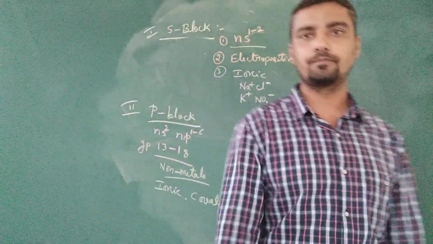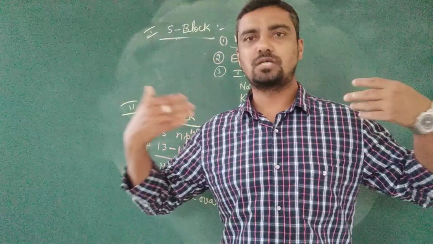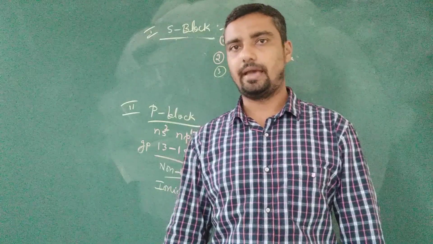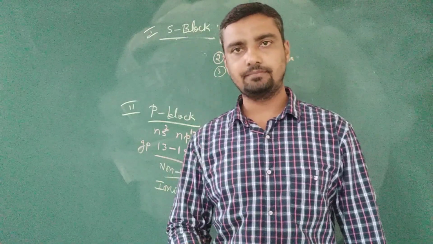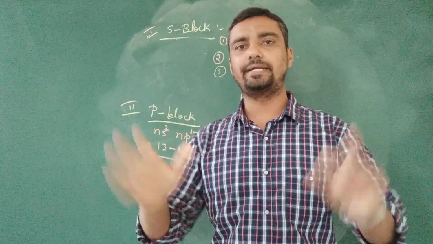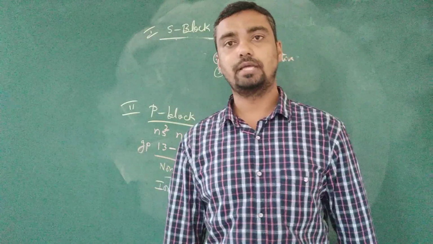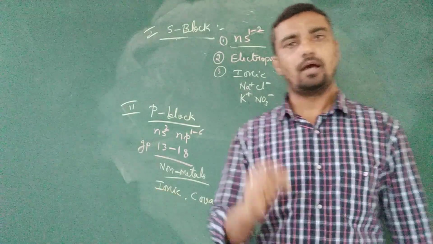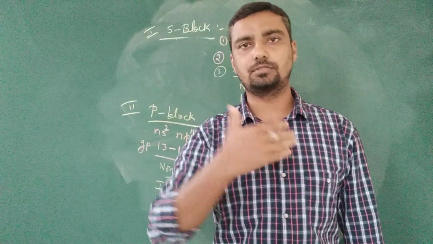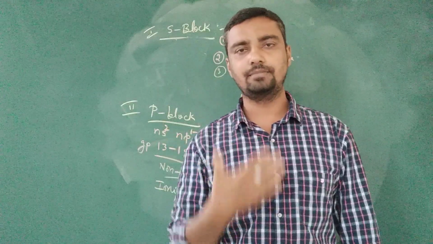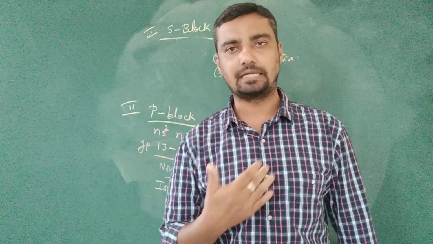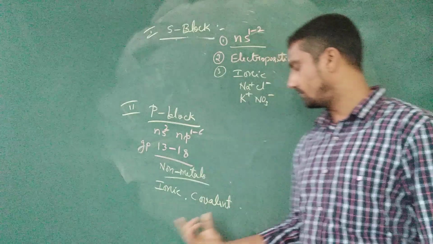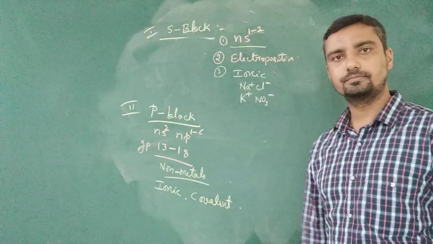That's very important. In an ionic compound, the atom loses the electron completely. If an atom shares electrons with the neighboring atom and there is the formation of a bond, that we call a covalent bond.